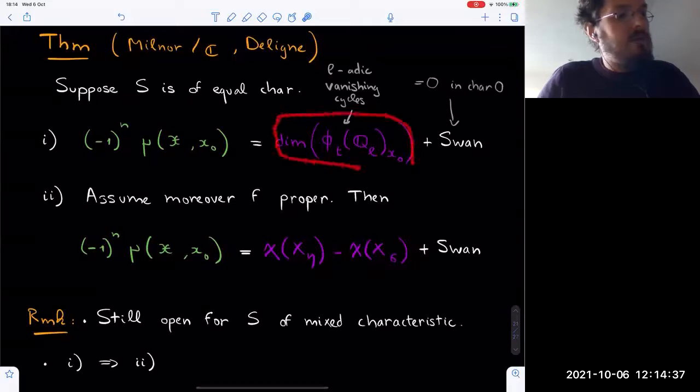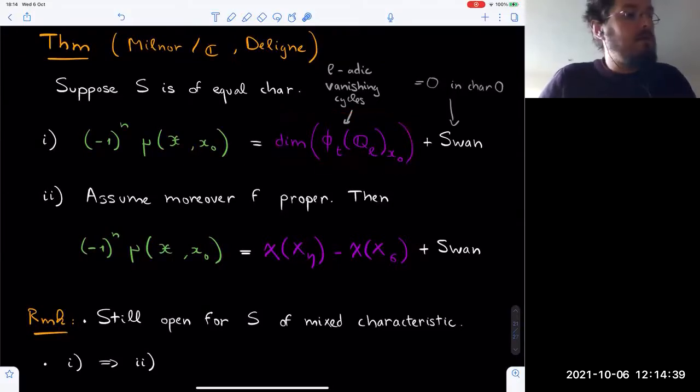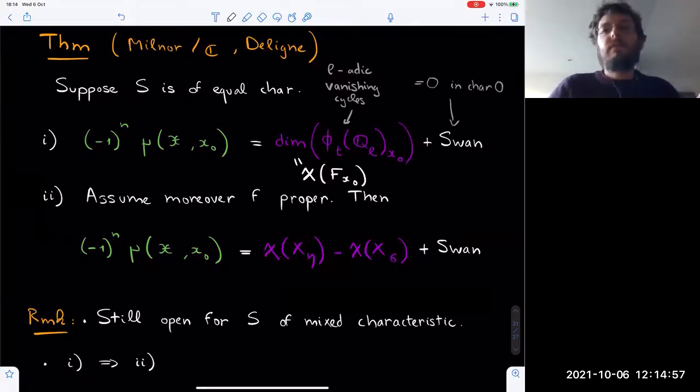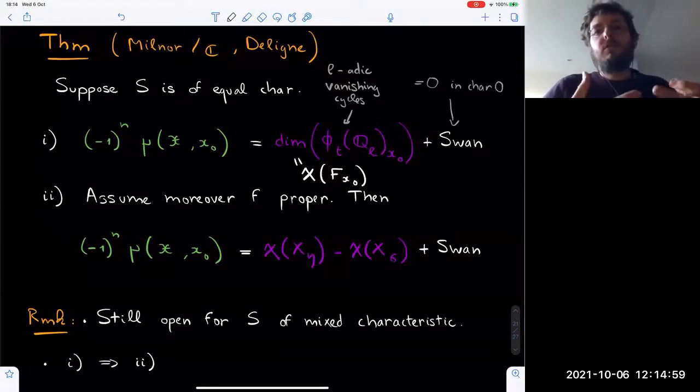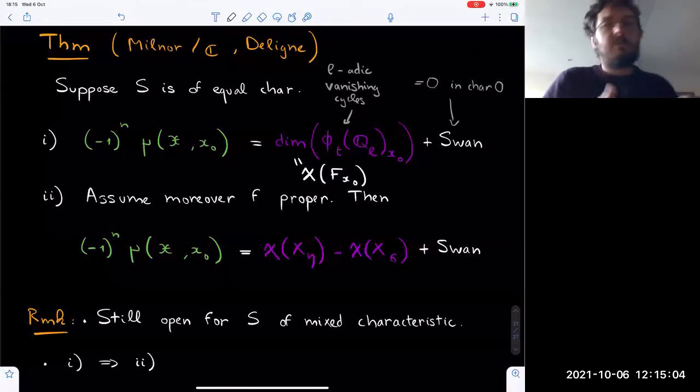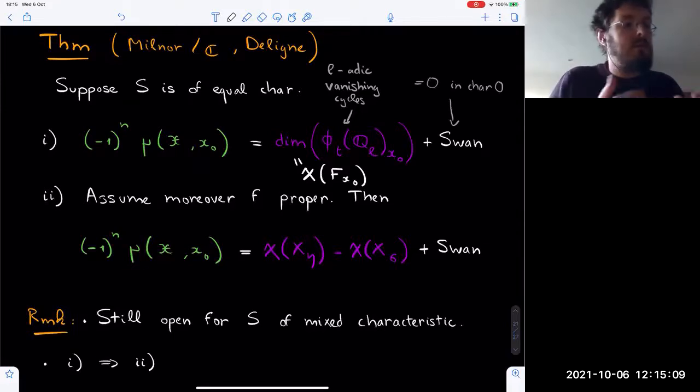So this is Deligne's formulation of the situation, and in Milnor's formulation, over the complex numbers, this was the Euler characteristic of the so-called Milnor fiber at X0, which is a topological object you can associate to an isolated singularity, and which this vanishing cycle formalism somehow translates into algebraic geometry.